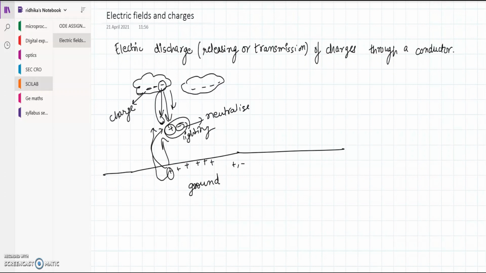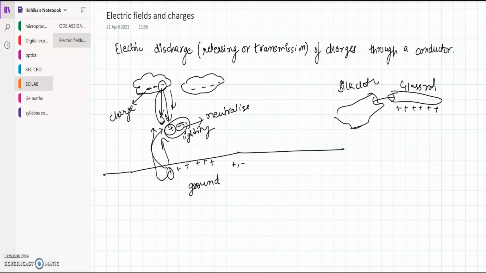So first is the silk cloth. Here is a silk cloth, and if we rub it with a glass rod, this is a glass rod, for some time, what we see is positive charges accumulated on its surface.